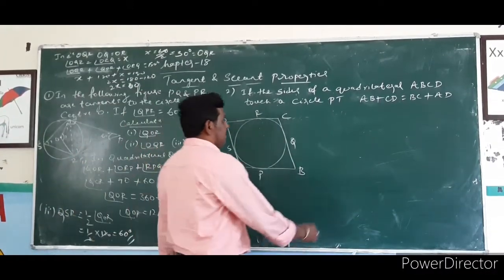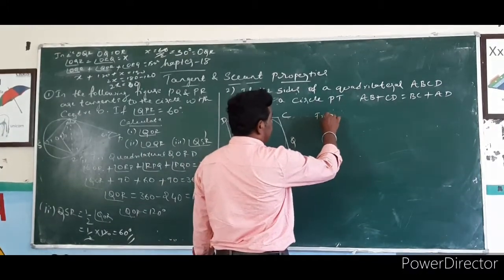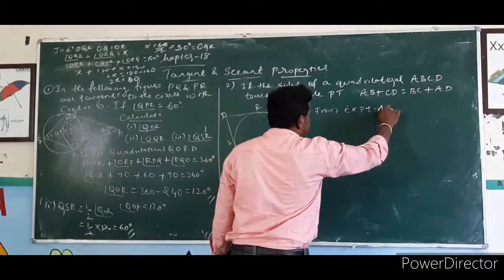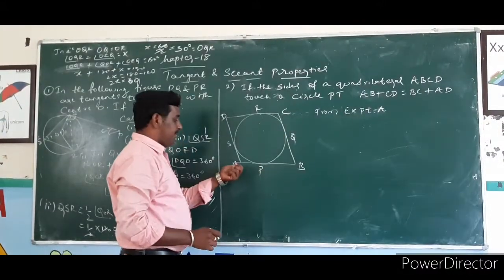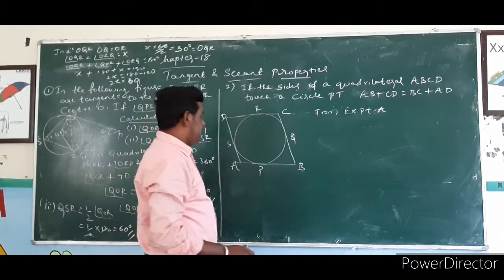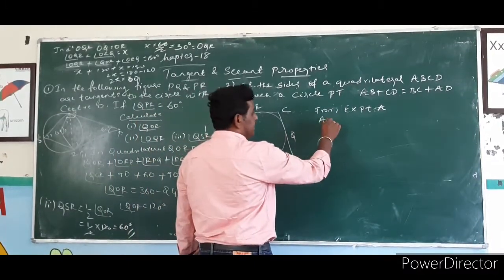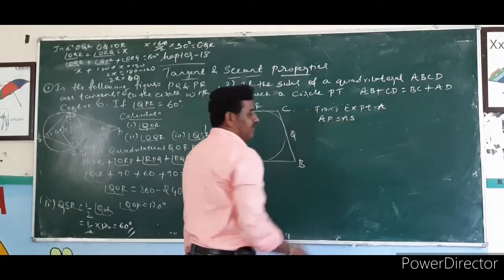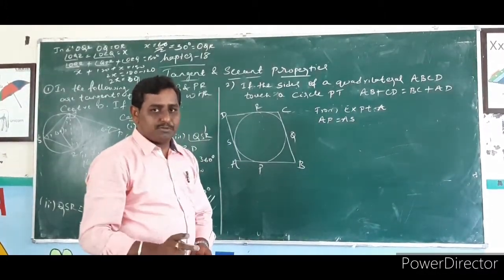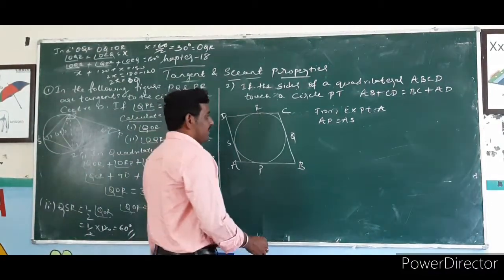So you can consider an external point A. From this point we can draw two tangents, and the two tangents are equal. That means AP is equal to AS. If you draw tangents from an external point, only two tangents are possible, and the two tangents are equal.